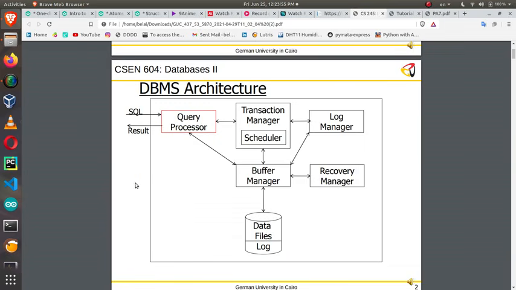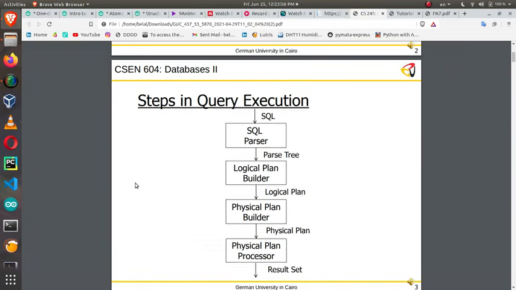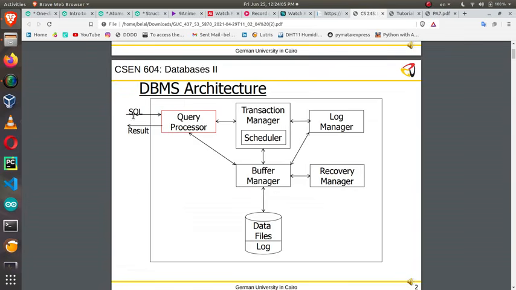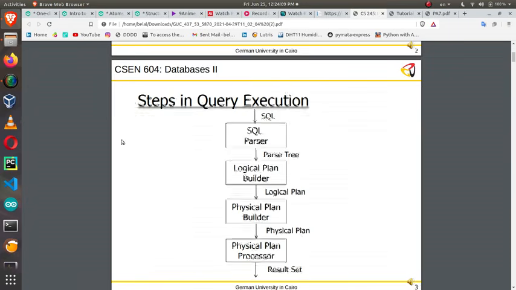So we are gonna focus today on the query processor, and the query processor is responsible for processing the input SQL statement or SQL query by doing the following 4 steps.